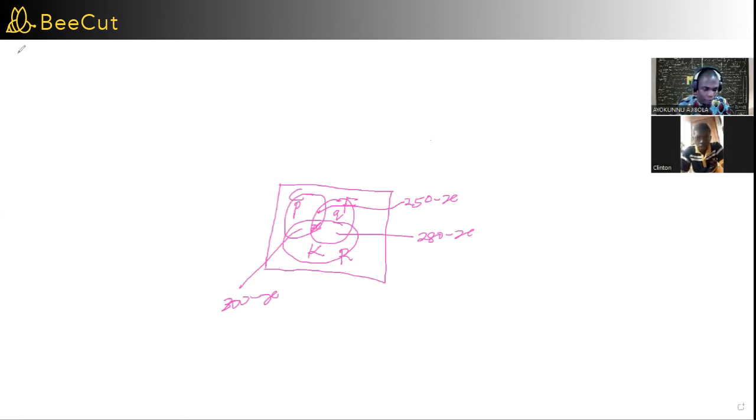So adding it together, I have P, the first thing there, plus this place, 300 minus X, then plus the X at the middle, then plus 250 minus X, which is here.